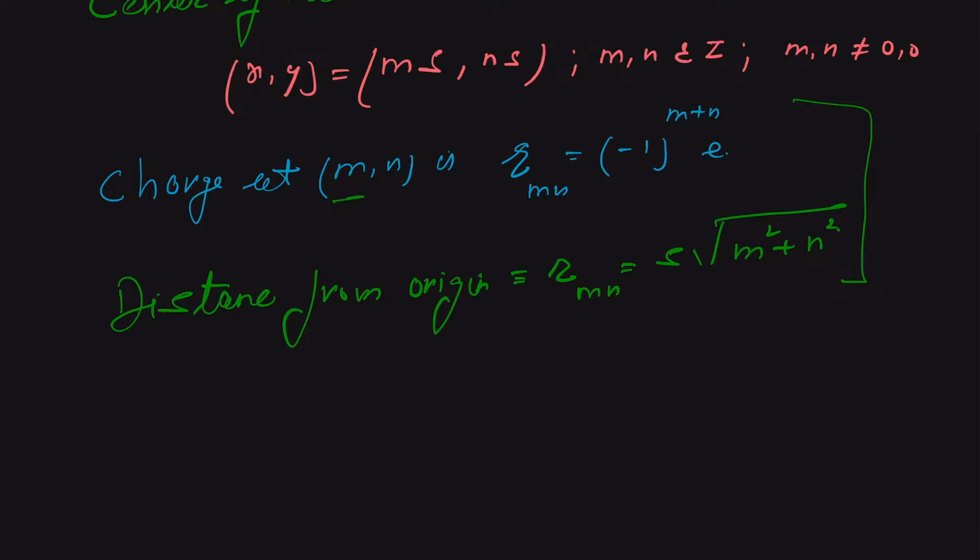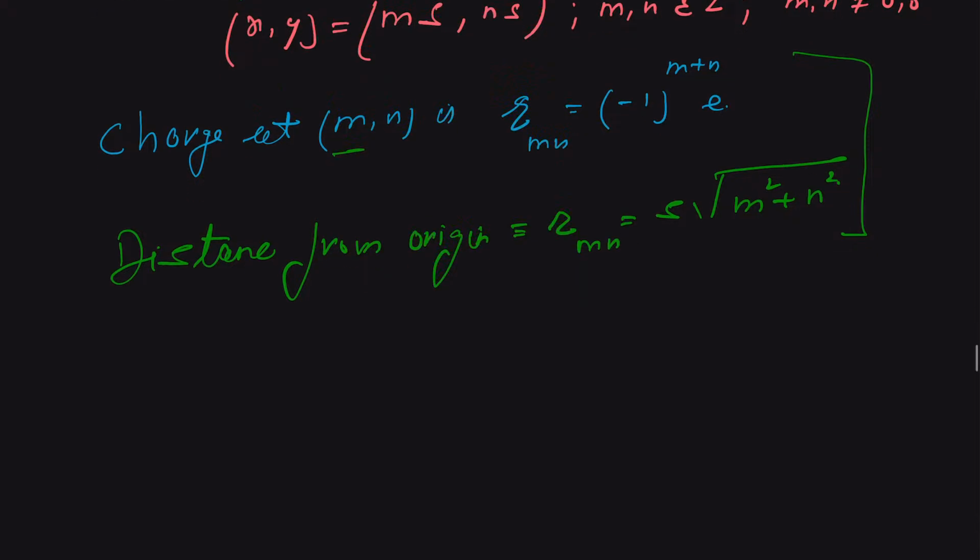Now we are supposed to find out our electrostatic potential energy, and let us find out what the electrostatic potential energy formula will be according to these two general formulas.